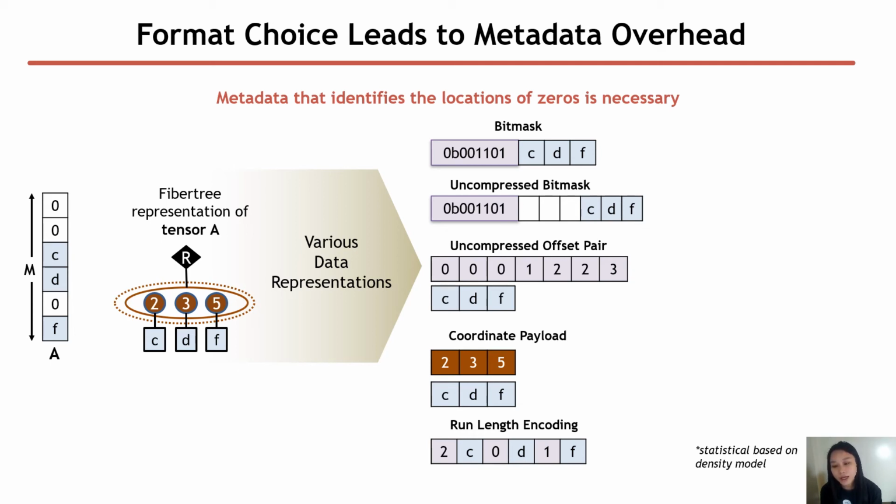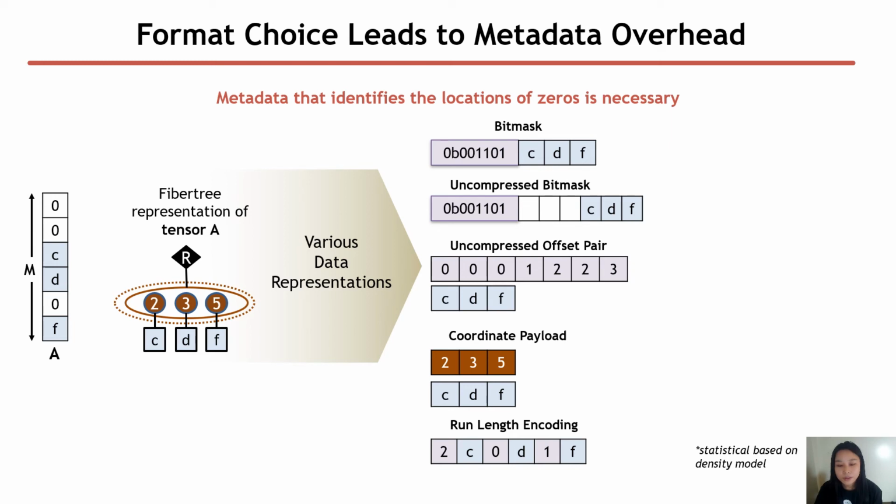We could also have coordinate payload where we're actively listing out the coordinates associated with the payload. So it's, for example, 2, 3, 5 as explicit coordinates. We could also have run length encoding, which is describing how many zero values there are before this non-zero value, or between this non-zero value and the one before it.